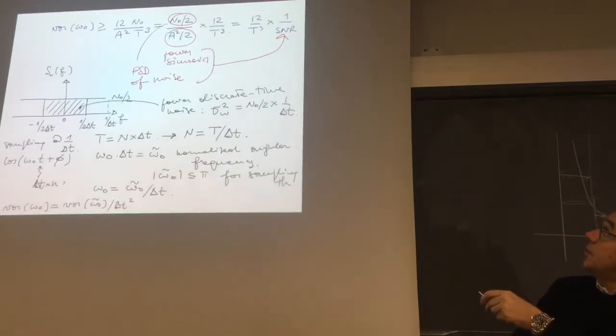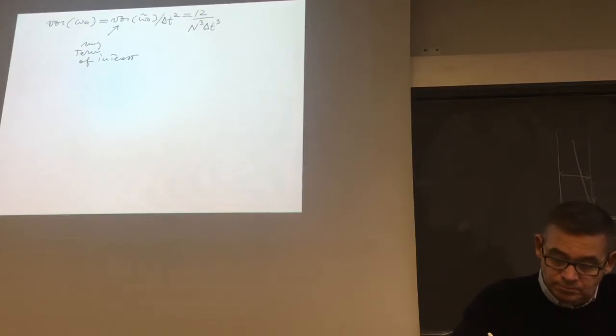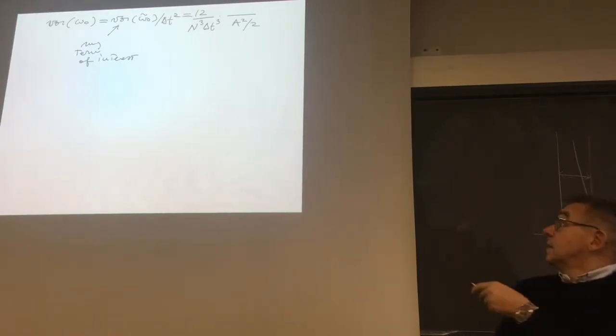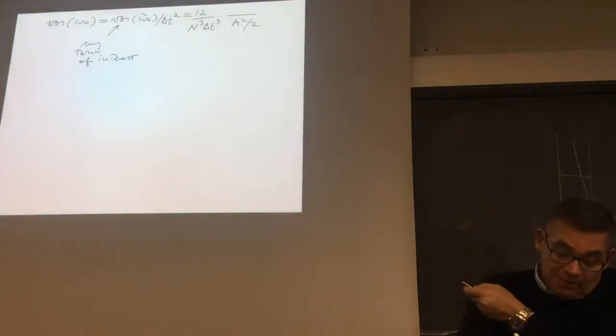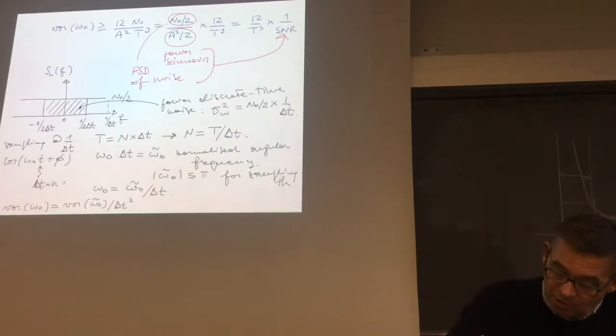Now we have n0 divided by 2, a squared divided by 2. Now a squared divided by 2 remains the same. And in the numerator, I have n0 divided by 2. Now what is n0 divided by 2? Looking here, it is sigma squared w. So, using this relationship, let me put a number to each. So this one is sigma squared multiplied by delta t.